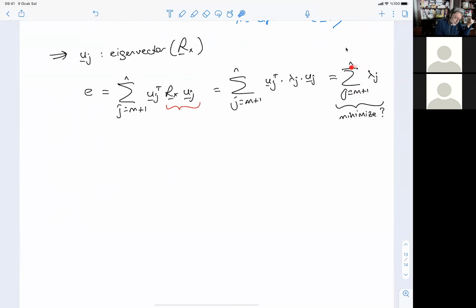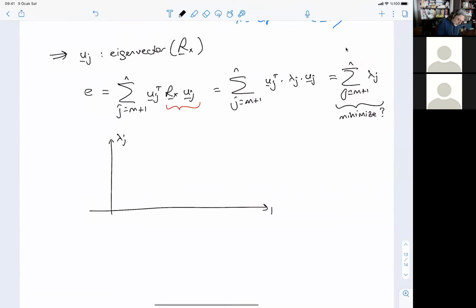So you choose the smaller lambda j's to be at positions m+1 to n. So the last lambda j's, you want them to be the smallest. And all the j values from 1 to m, you keep large, so that this thing, which is the error, is minimized.